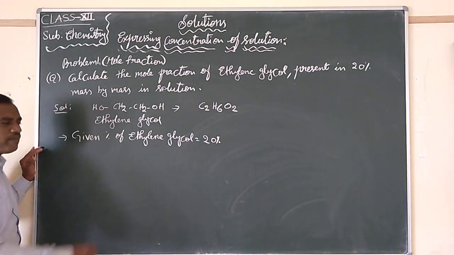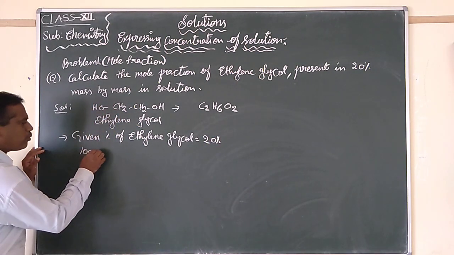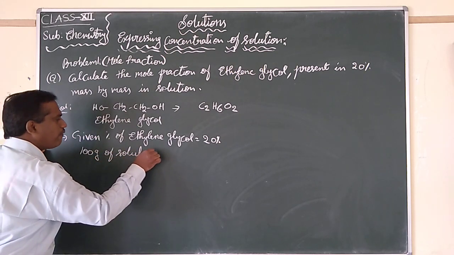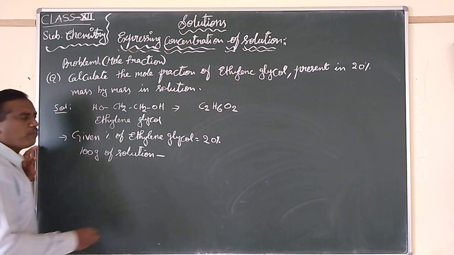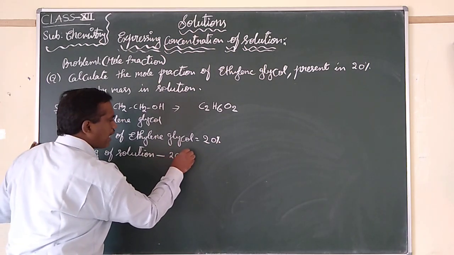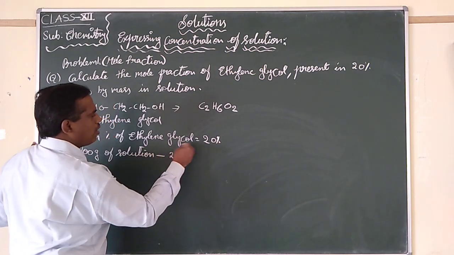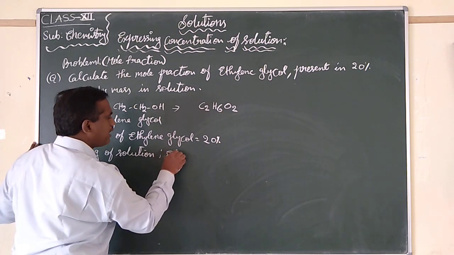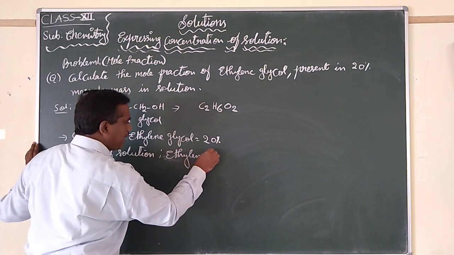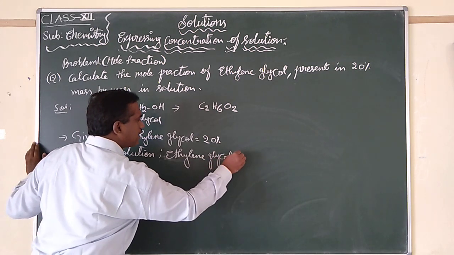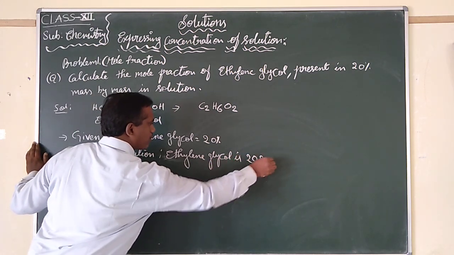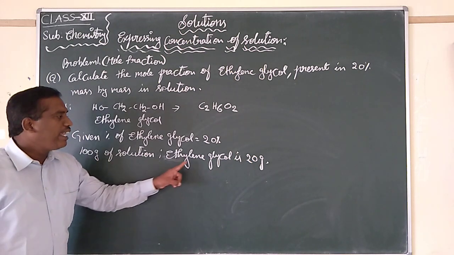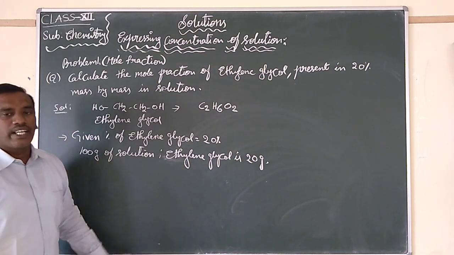What does this mean? Out of 100 grams of solution, ethylene glycol is 20 grams.